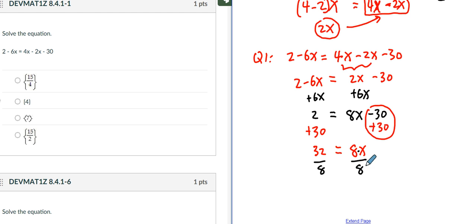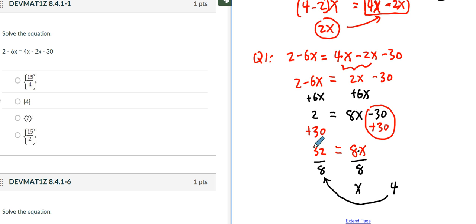So 8 divided by 8 is 1, and 1 times x is x. So we cancel the 8 and only x is left. On the other side is 32 divided by 8, so we have 4.